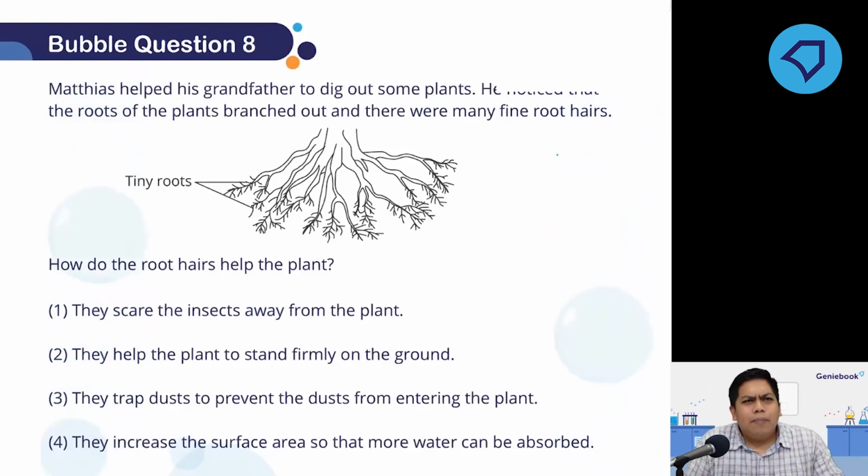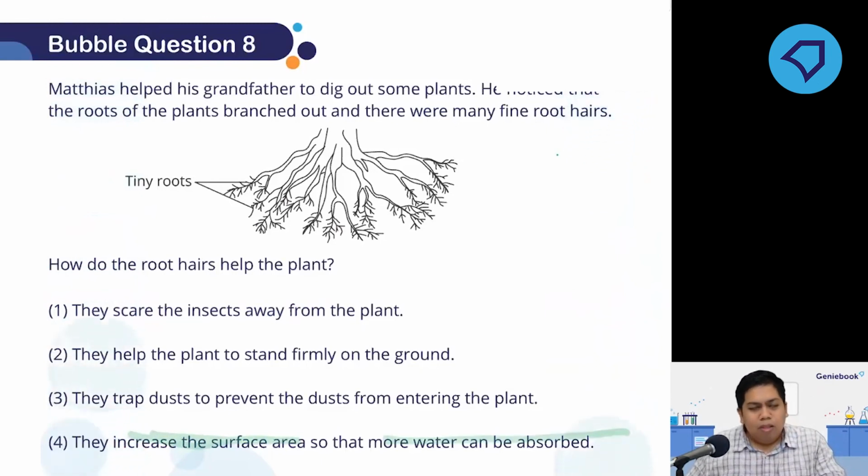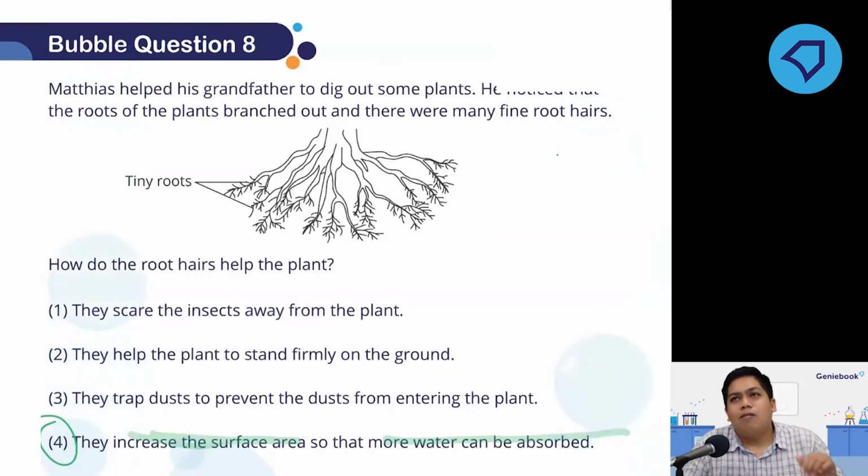It's not about trapping dust to prevent the dust from entering, but it's basically to increase the surface area, so that more water can be absorbed. All right, so if you have these tiny roots, it will actually increase the surface area. So again, this is an additional thing for you to know. If you know, then good for you. Okay, so I hope you learned something from our lesson.